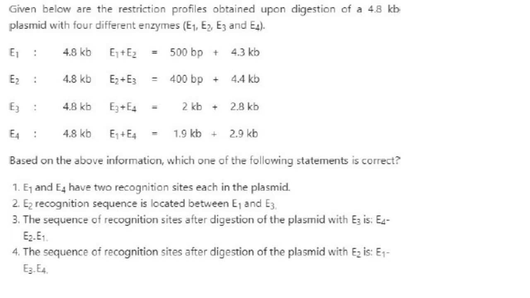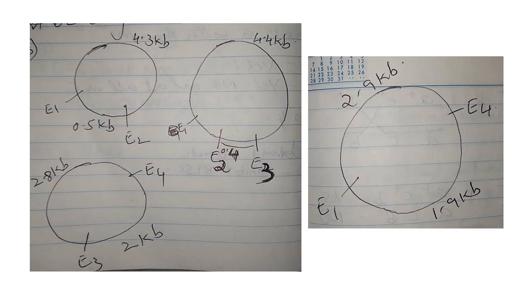I have drawn the diagram in the next slide. One minute. Okay. So this is E1, E2, and they have told that E1 and E4 have got two recognition sites each in the plasmid. Okay, before that, E1 plus E2: if you have E1 over here, E2 over here, you will get a 0.5 kb band over here and a 4.3 kb band over here. So totally 4.8 kb. Now in the second case, E2 plus E3, E2 will be in the center of E1 and E3.